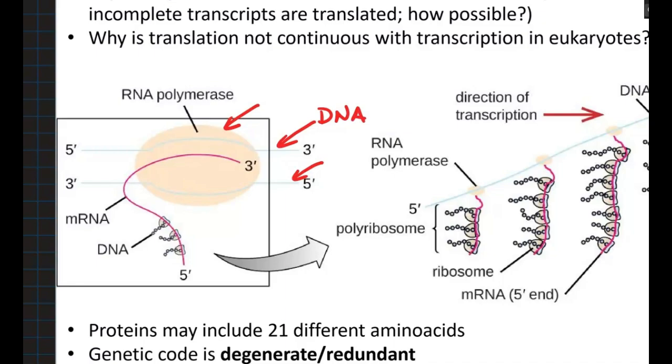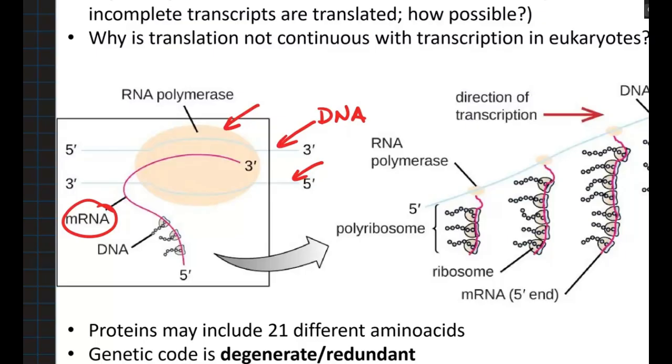Right now we are talking about bacteria. So DNA here in this example is being transcribed and mRNA is produced. You just told me that this mRNA sticks out in the cytoplasm right away. I'm not mistaken, right?